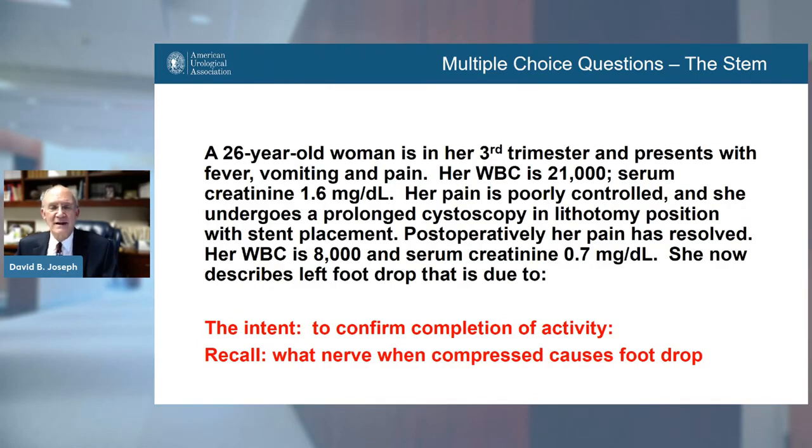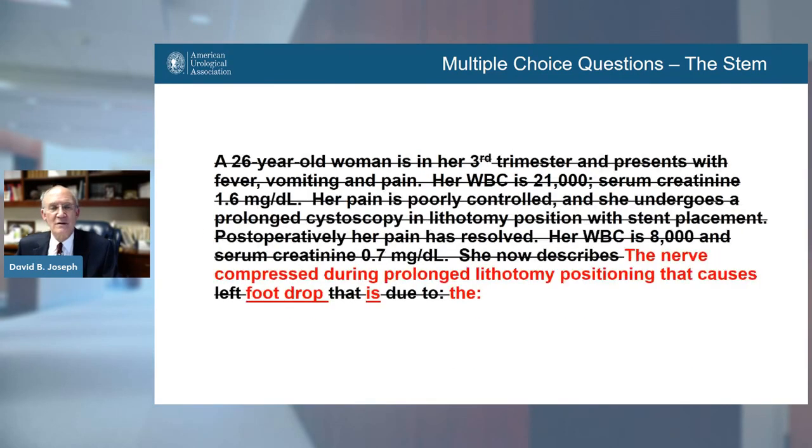Well, if that's the case, and it's simply a recall question, what nerve when compressed causes foot drop, you can change that question and whittle that stem down to this: the nerve compressed during prolonged lithotomy position that causes foot drop is, and then leave the responses. So again, going through something, clearly identifying what your intent is, and then making sure that you've conveyed that to the learner.